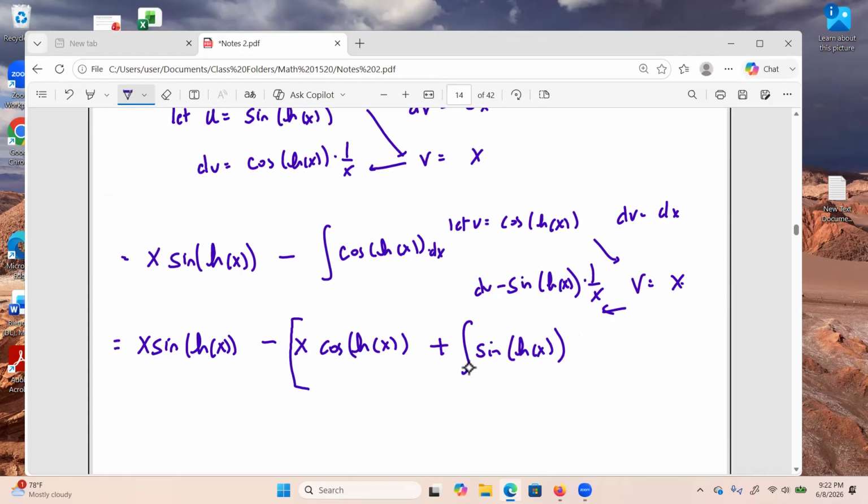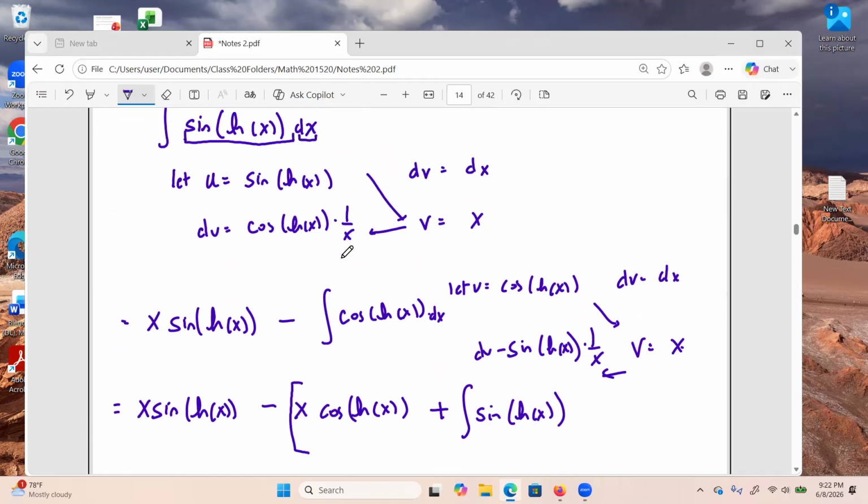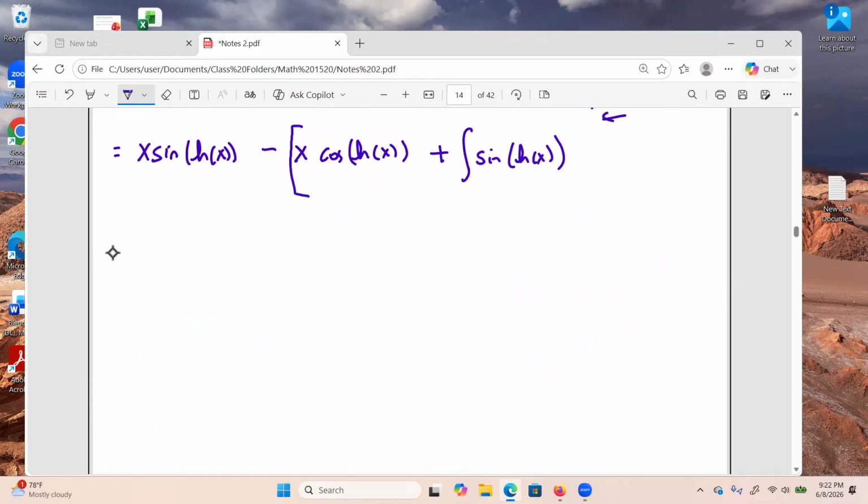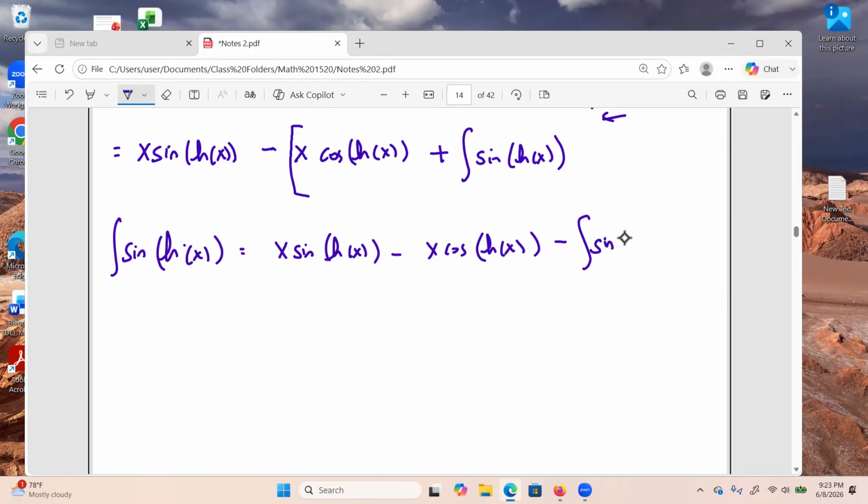All right, let's distribute a negative sign here. Remember, this all came from the integral of sine of the natural log of x. This is equal to x sine of the natural log of x, minus x cosine of the natural log of x. And then distributing this negative sign, minus the integral of sine of the natural log of x.